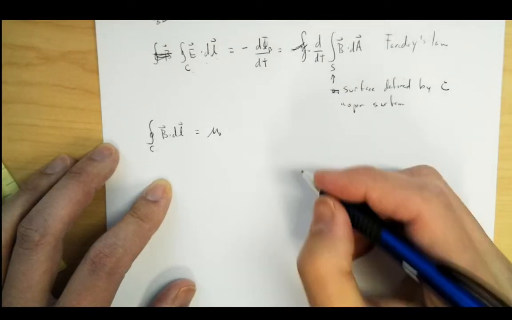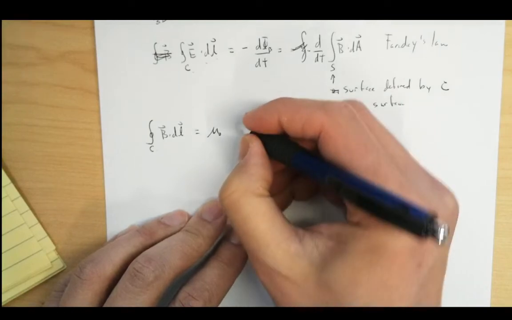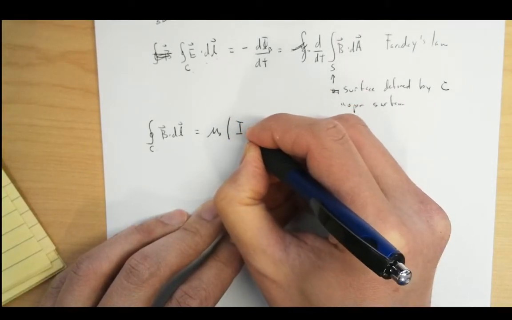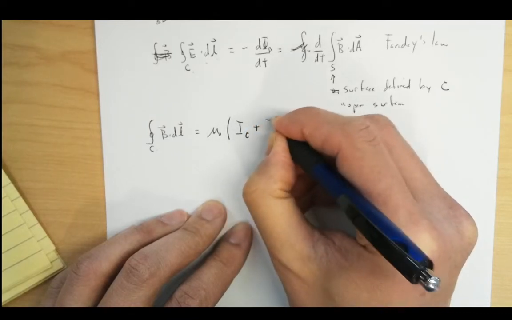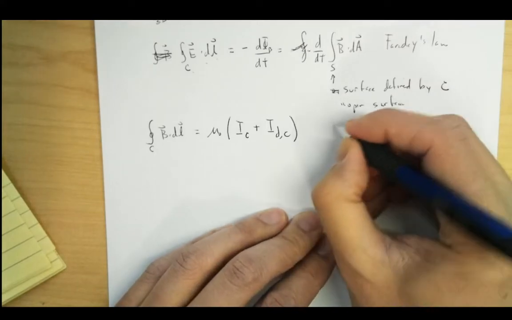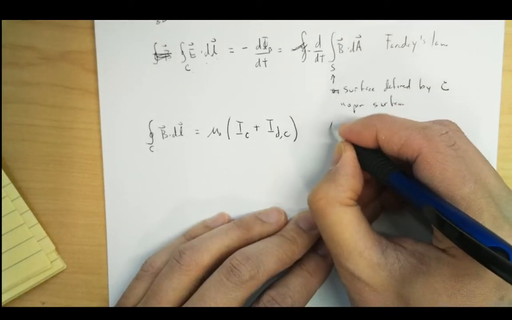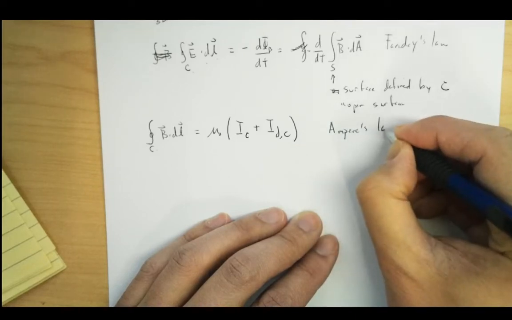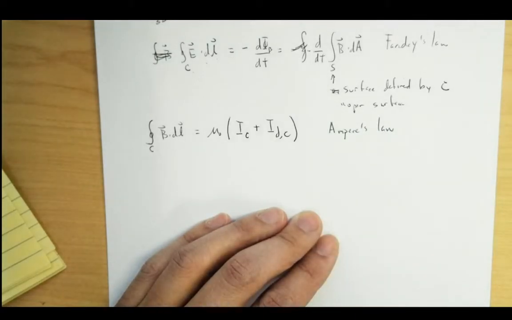I just don't know. Okay, it is equal to mu 0 times I_C plus I_D, C, where this is Ampere's law. More general, it's called the generalized Ampere's law.